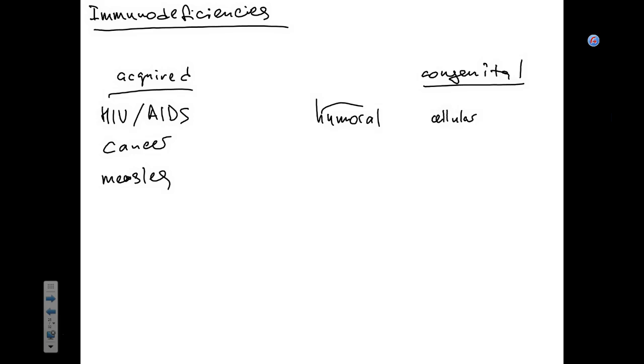So that's going to be adaptive. Now, you mentioned innate. In terms of deficiencies in the innate immune response, they are usually subtle. So we're going to put subtle deficiencies. What do I mean by subtle?